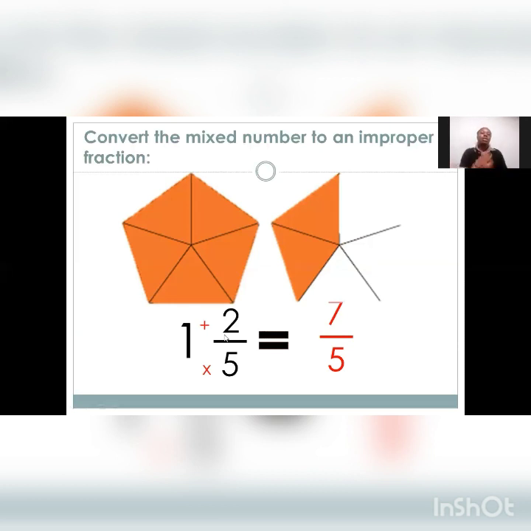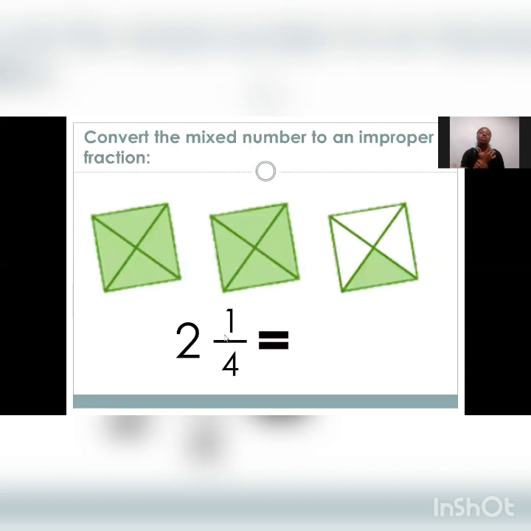Let's look at another example. 2 and 1/4. Remember, we want to multiply our denominator and our whole number. 2 times 4 gives us 8, correct.